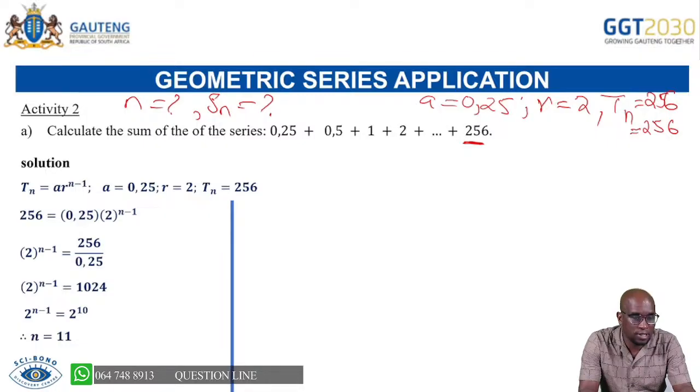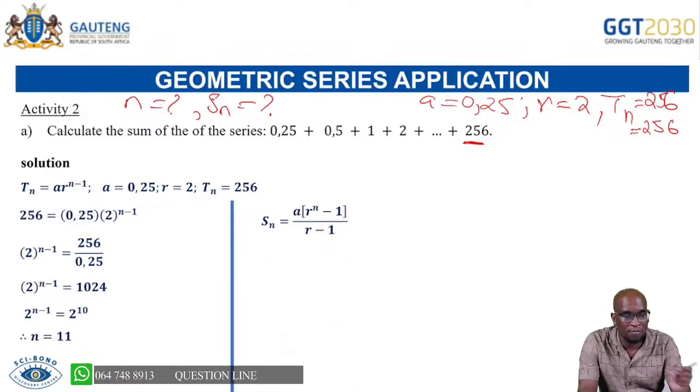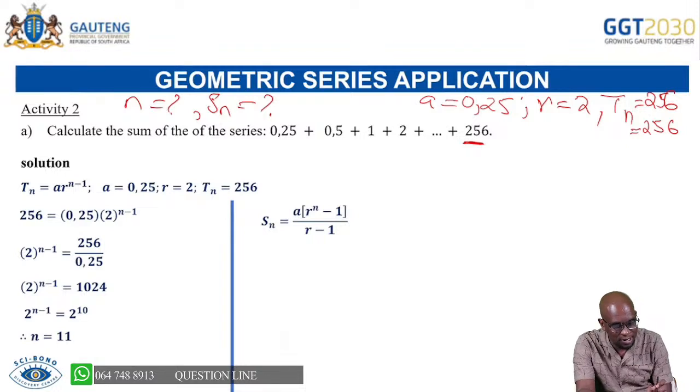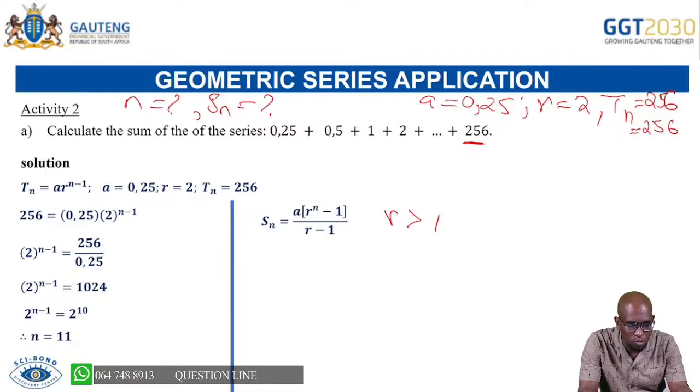Now we know how many terms we are adding. We are adding 11 terms, so we can ultimately go to the sum of the n terms of a geometric series. Remember here, r is greater than 1, so we use this formula, a times r to the n minus 1 over r minus 1. Now we can substitute the given info.